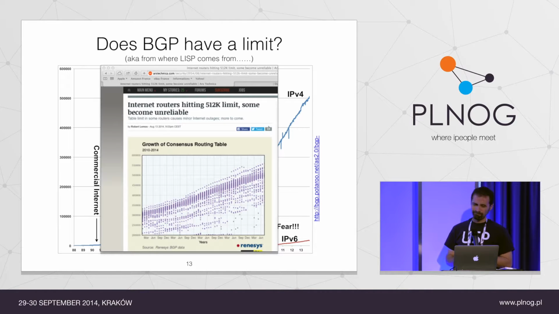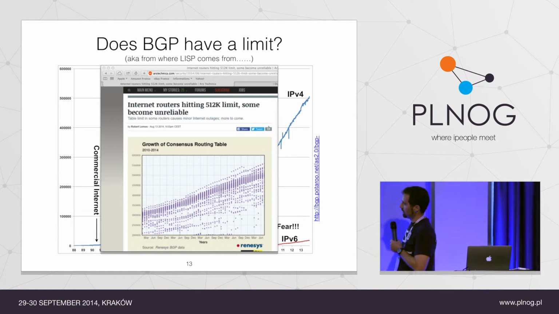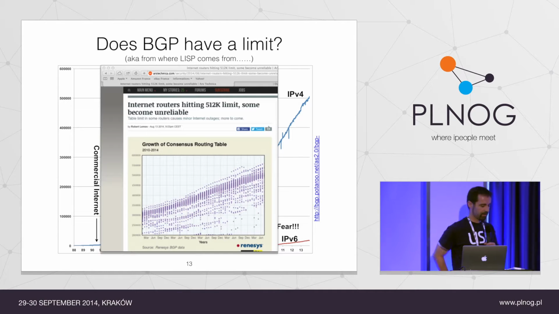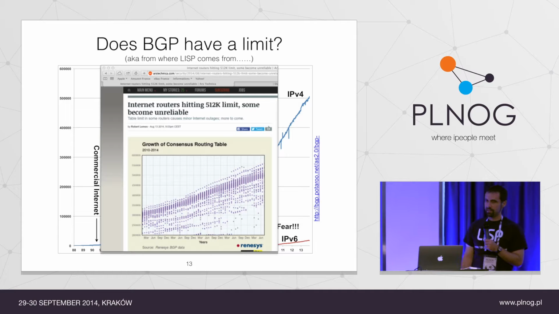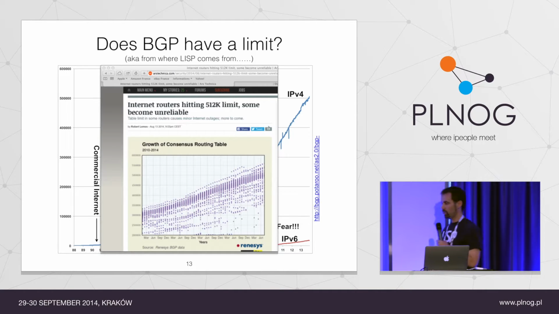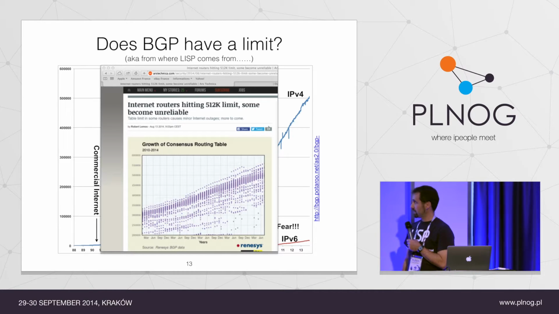Others say, in a couple of years, routers will be even bigger. No big deal. Nothing will happen. Just as a proof, on the 13th of August this year, a few big ISPs in the US had a few glitches just because, as I said, the number of prefixes went over the 512K prefixes.